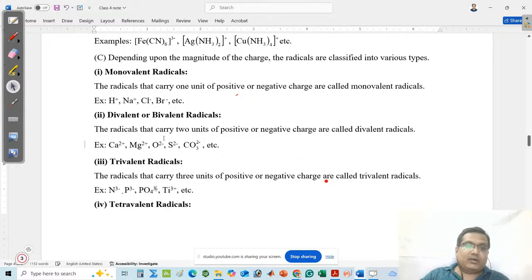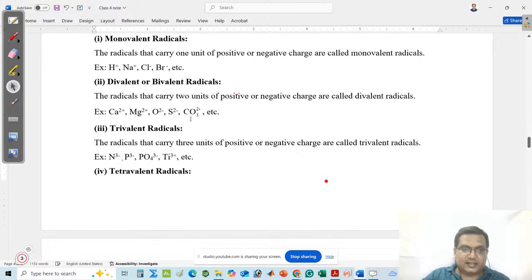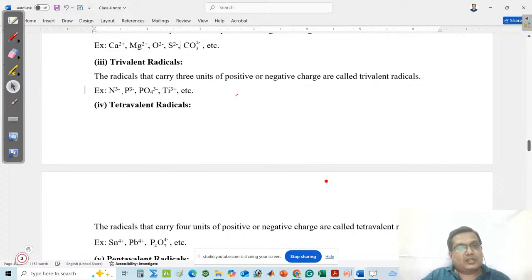All the radicals having a charge magnitude of 2, both positive and negative, are said to be divalent or bivalent radicals. Similarly, think about trivalent radicals. The radicals that carry 3 units of positive or negative charge are called trivalent radicals. Here I have given some examples: N3-, P3-, PO4 3-, Ti3+.